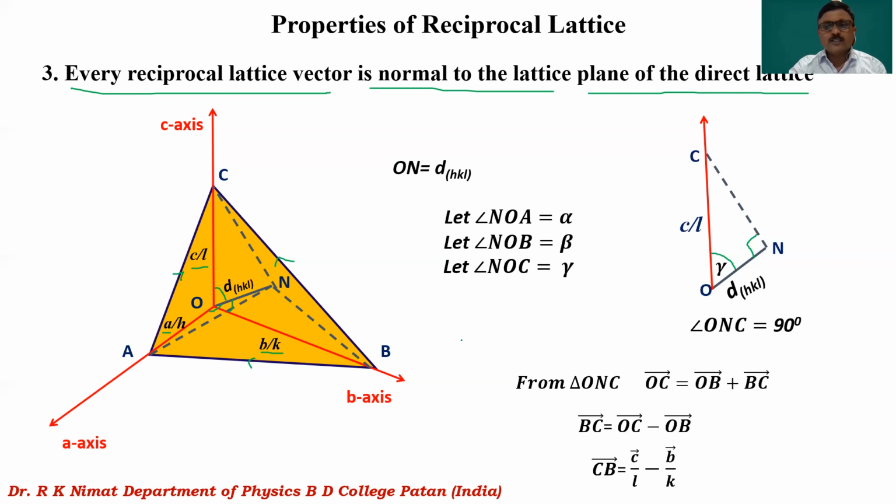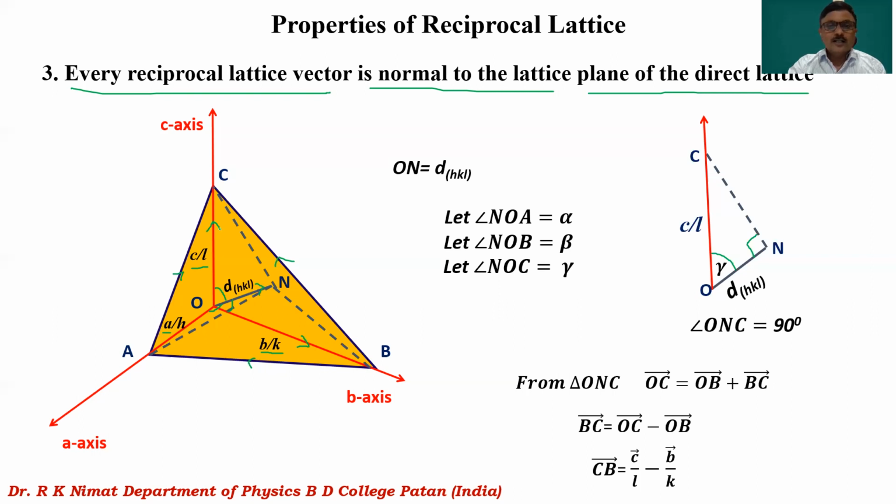From this triangle, we can write the vector addition using the triangle law of vectors. Vector OC is in this direction, vector OB is in this direction, and vector BC is in this direction.